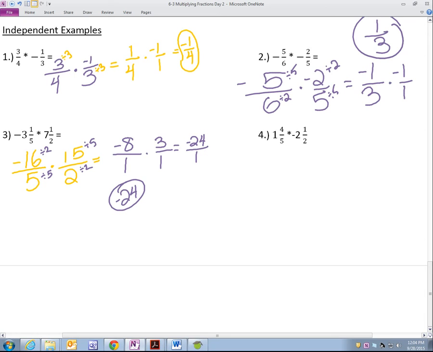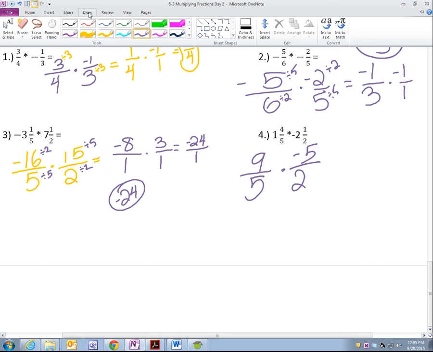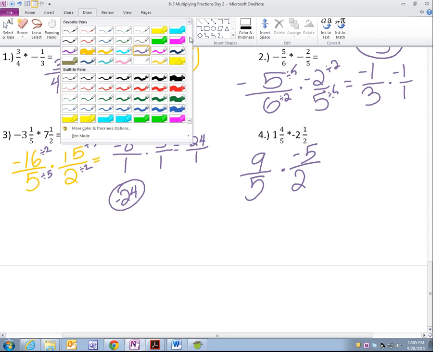So you should have positive 1/3 because you have a negative multiplied by a negative. Is that how you set up your improper fraction? Okay. So small black.